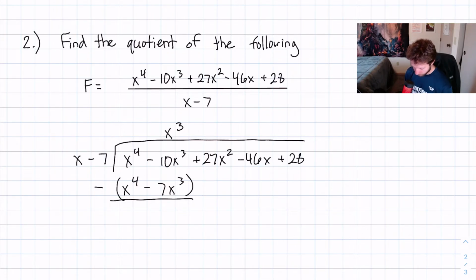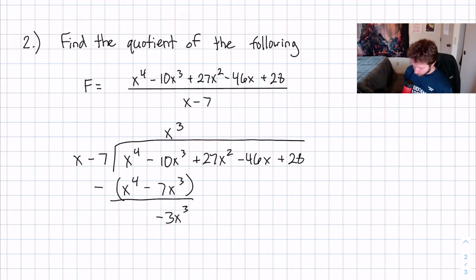X to the 4th minus x to the 4th is 0. So that's good, that cancels out. And then this becomes a positive 7x cubed, so it'll be negative 10x cubed plus 7x cubed, which becomes negative 3x cubed.